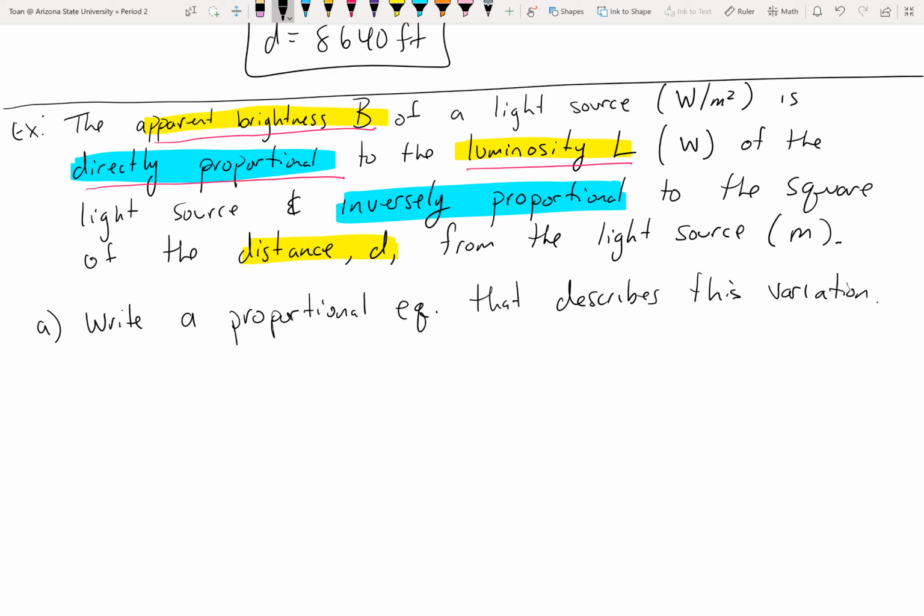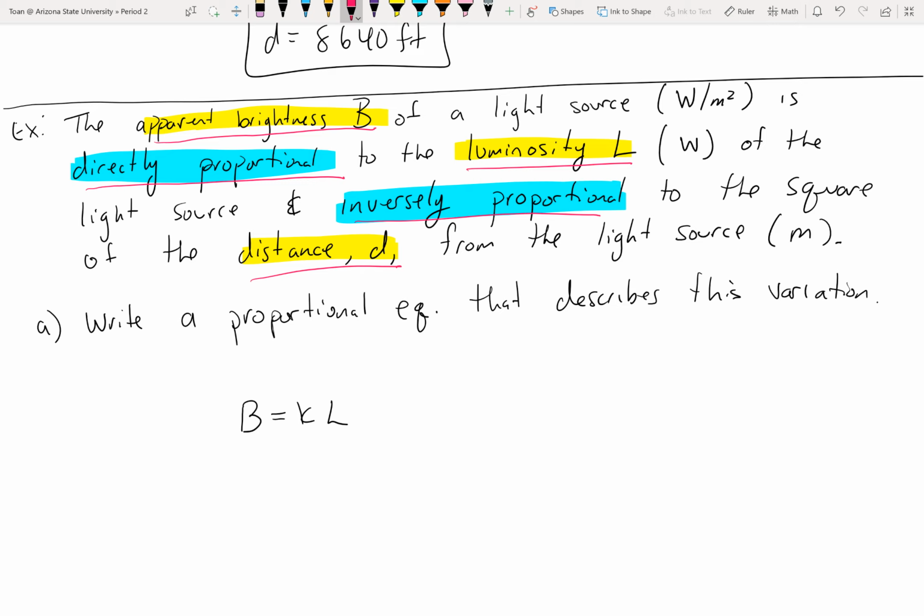So we're going to write that. Apparent brightness B is directly proportional. The moment they give me proportion, equals K. Always equals K for proportion. Well, it's directly proportional to the luminosity L. Directly proportional will be on top. But if you continue reading, it also says it's inversely proportional to distance.